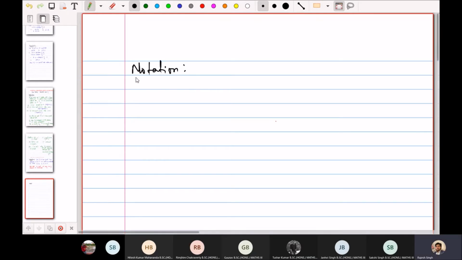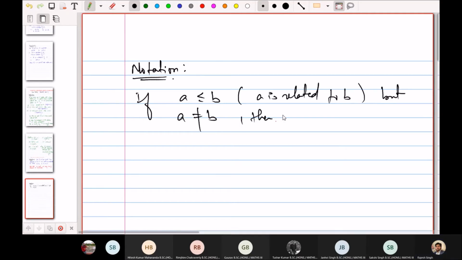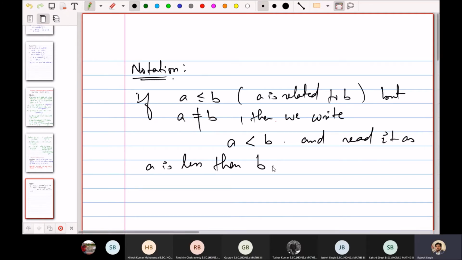Okay, so now notation, we are going to define a notation. So if A is related to B, ठीक है, इसको ऐसे रीड करते हैं, A is related to B but A is not equal to B, then we write A is strictly less than B, and read it as A is less than B. So ये less than है, ठीक है, this less than is different from our usual less than. ठीक है, so A is related to B but A is not equal to B, then in that case we write A is strictly less than B and we read it as A is less than B. Is it fine?